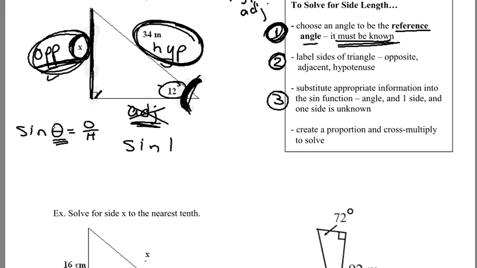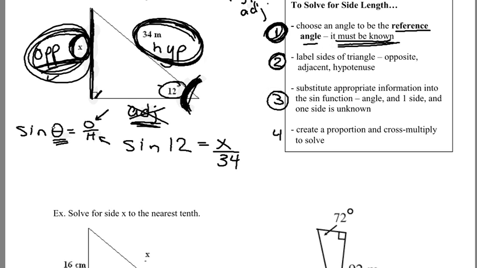We're using the 12 degree angle. So we know that the sine of 12 equals the side opposite over the hypotenuse. Well, side opposite is the x. The hypotenuse is 34. So there's the sine ratio with the appropriate information substituted in. Sine of your reference angle equals opposite over hypotenuse.